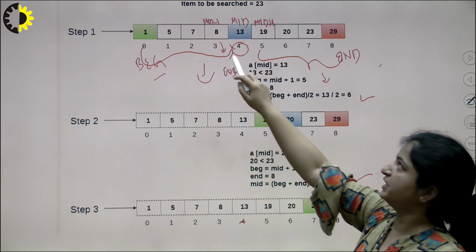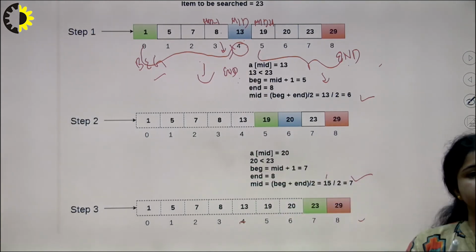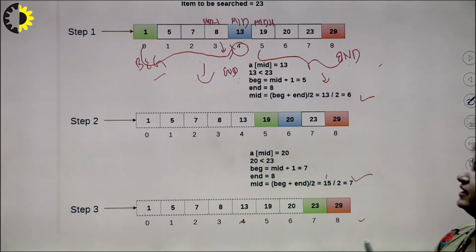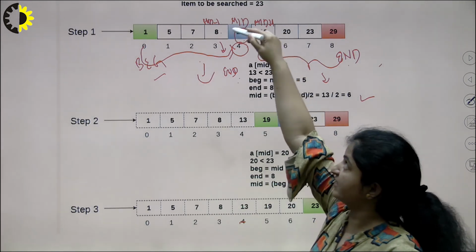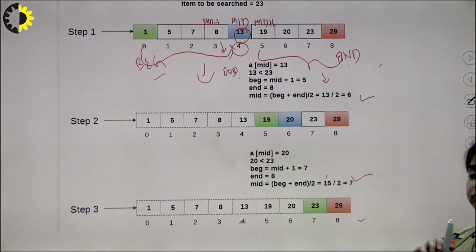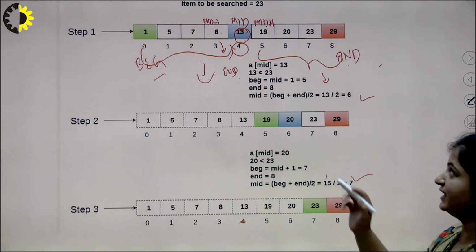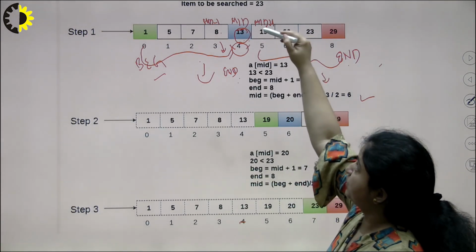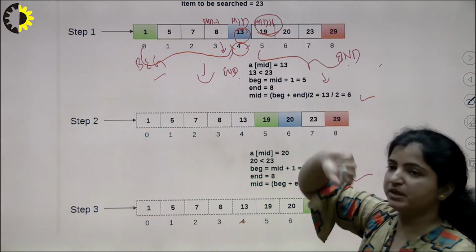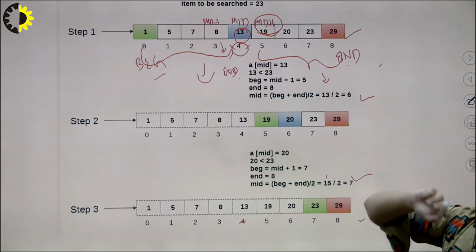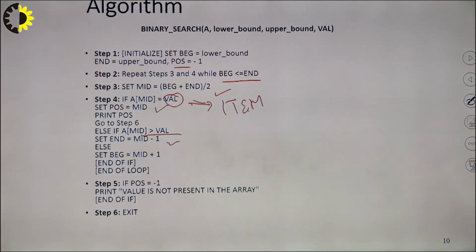So end will be updated to mid minus 1 if your element to be searched is smaller than the element present here. And if your element to be searched is greater than the element present here, then you have to update the beginning to mid plus 1 and end will remain the same. The same thing is written here in the algorithm, fine.